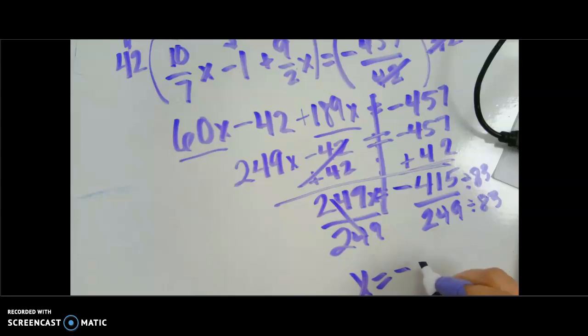And so I know that negative 415 over 249. When I divide 415 divided by 83, I'm going to end up with 5. And 249 divided by 83 gives me 3. And that's our final answer for that problem.